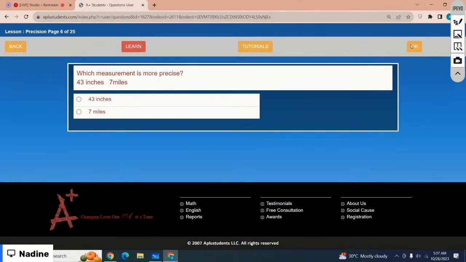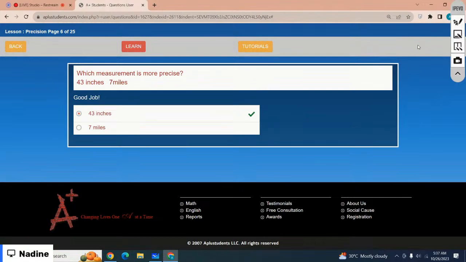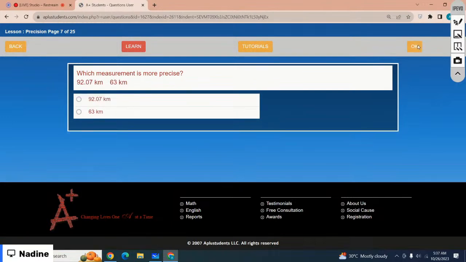The correct option is 43 inches. Which measurement is more precise, 92.07 kilometer or 63 kilometer?